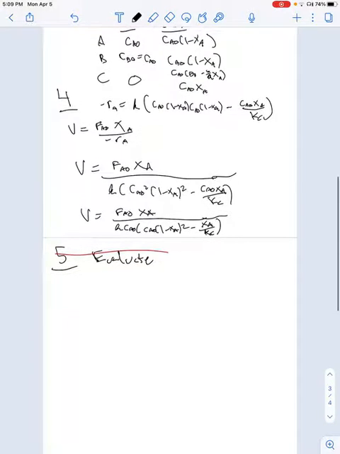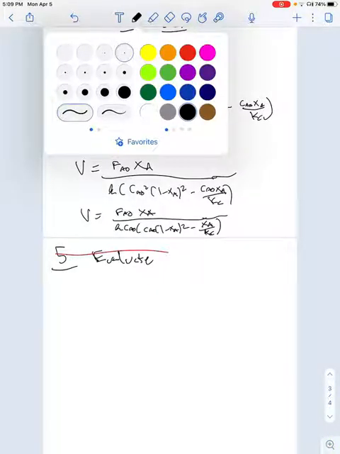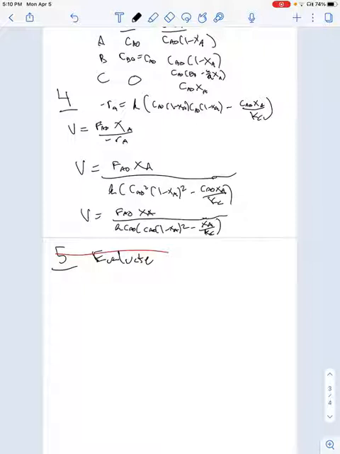And so then the last part of the problem said also show the formulas for k and Kc as functions of T. So for those, our k equals k at 300 Kelvin times e to the exponent of our activation energy over the gas constant times (1 over 300 minus 1 over T).